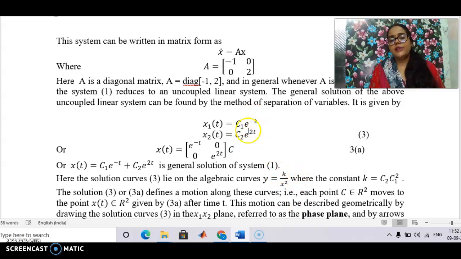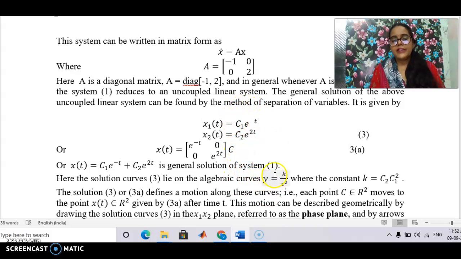There is a relation between exponential term, put the value of exponential in next equation, remove the exponential term, and using this capital K is c2 c1 square, you get the algebraic equation of that type, which gives your phase diagram of the given solution.